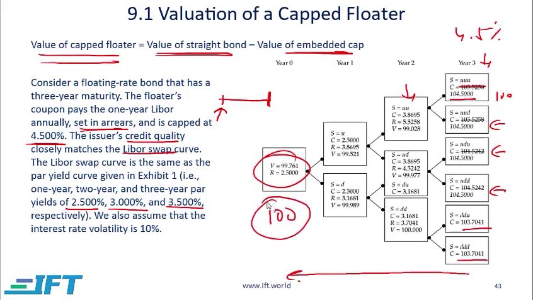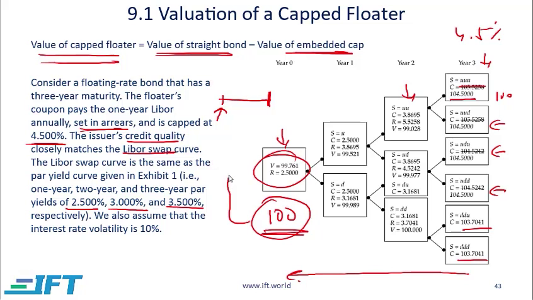This is because for a floating rate security where the credit risk is not changing, the present value at reset dates is equal to par value. So that number would be 100, and as expected, the value of this bond given the cap is less than 100.